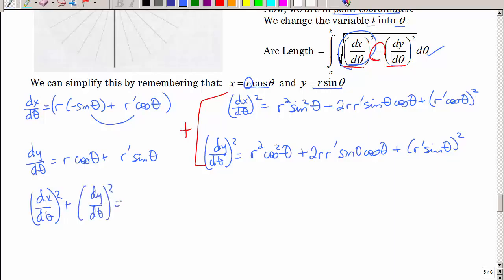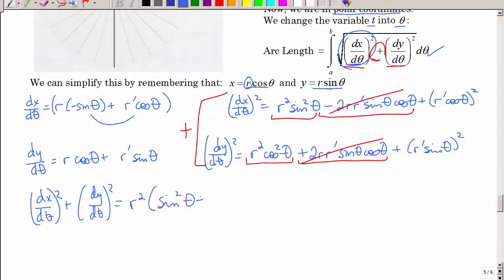Are there any like terms? Yes, there is. This and this are exactly alike, but opposite in sign, so those add to 0. So I add these two. They both have an r squared. So I'm going to write this as r squared times sine squared theta plus cosine squared theta. And now you can see where I'm going. Right?